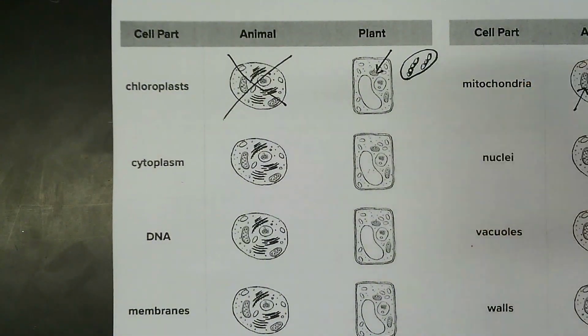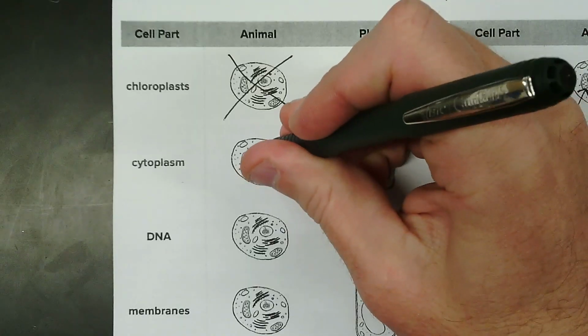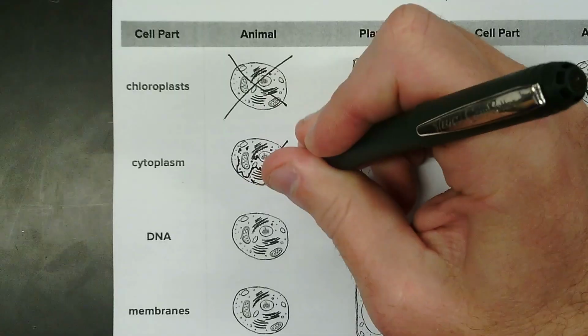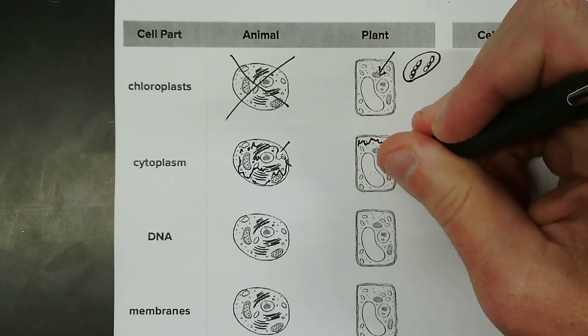It's not. This we'll talk about in a few minutes, is not the cytoplasm. Everything else, like all of this area that is not a cell organelle, is full of cytoplasm.